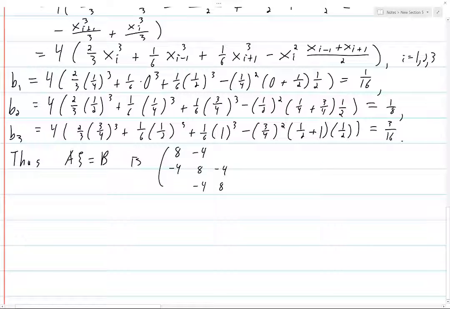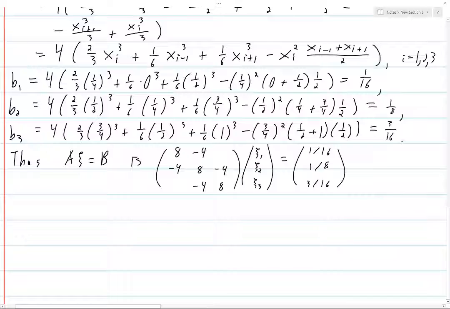Because it's a 3 by 3 matrix, you've got 8s on the diagonal, and just off the diagonal you've got minus 4s. And now xi as a vector is just xi1, xi2, xi3. And then you'll get 1 over 16, 1 over 8, and 3 over 16 here.